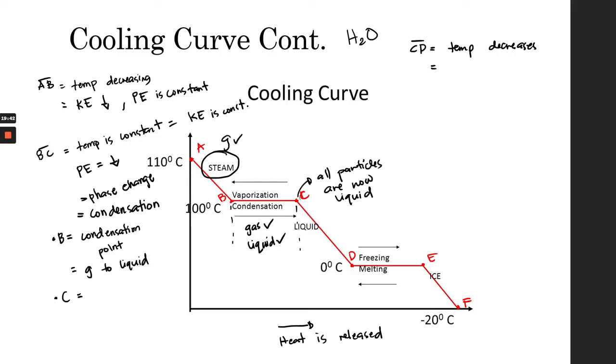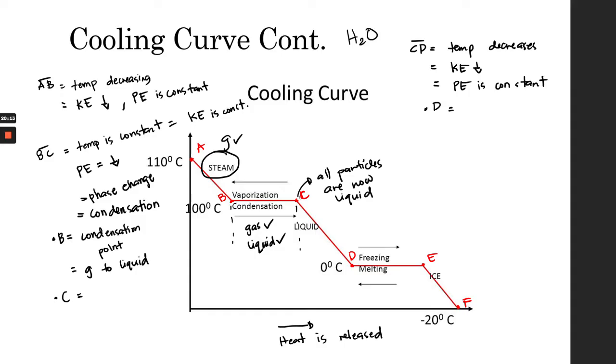When the temperature decreases, the kinetic energy decreases, so the particles start to slow down again. So the heat is being released again to decrease the temperature. Moreover, the potential energy is once again constant because there's no phase change. And the temperature will keep decreasing until it arrives at point D.